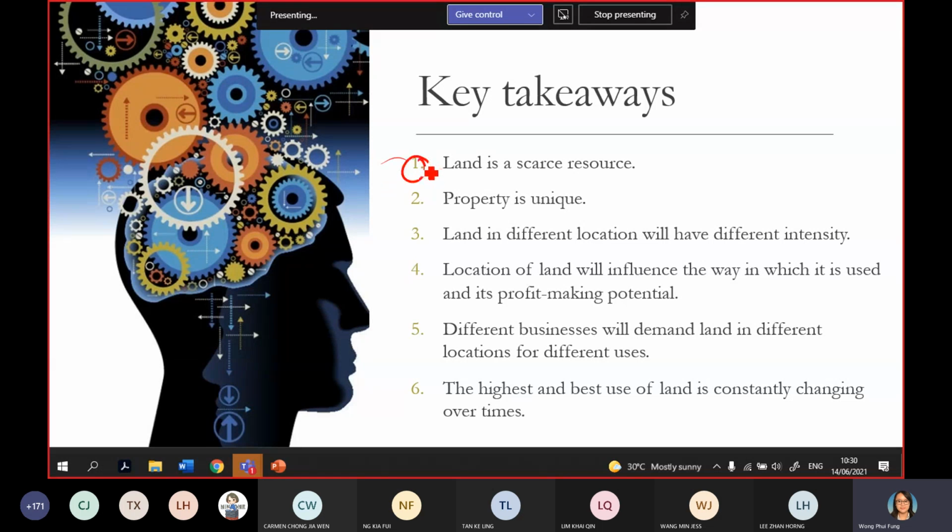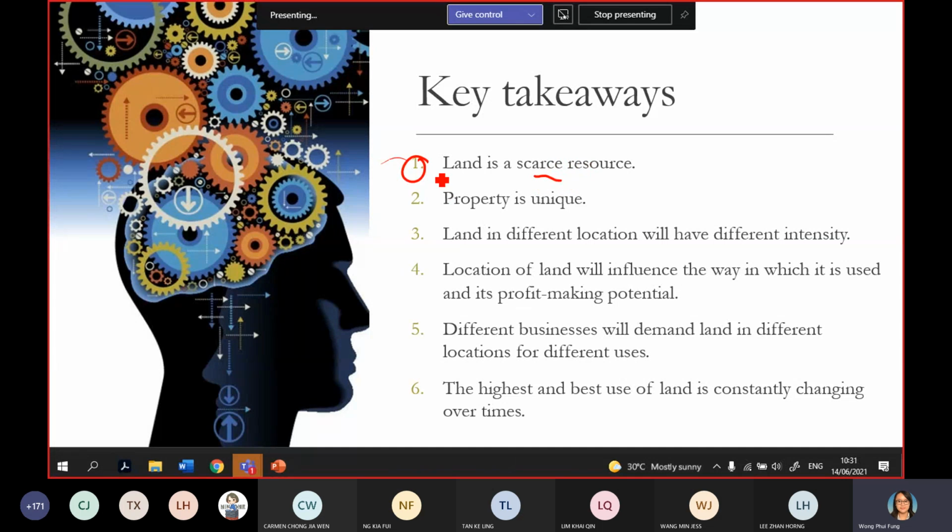The first message, which I keep mentioning most of the time, is that land is a very limited resource. So developers need to make a choice in facing this limitation. They have to decide which piece of land to develop. So what are the incentives driving property developers? Which land can bring more profit? Then they will choose that piece of land and project.